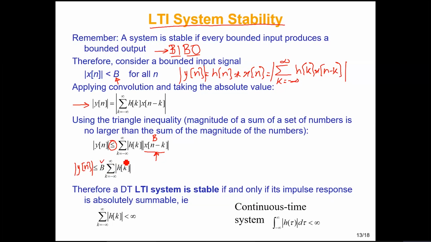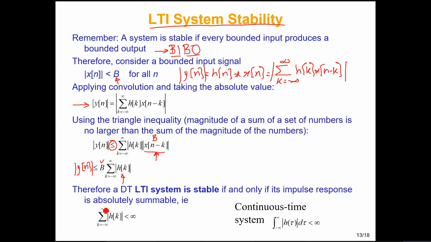This is some constant. Now this summation that you see right here is dependent on the impulse response of your system; it is basically the sum of the impulse response. Only if this summation is finite will this product be finite.